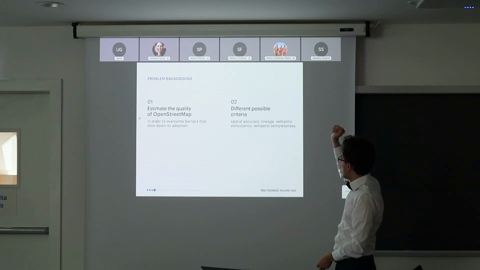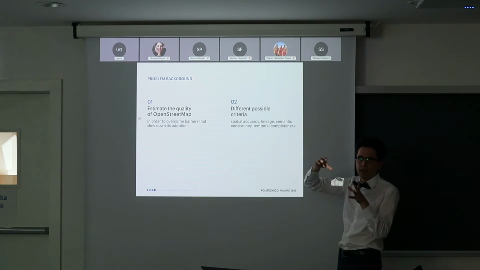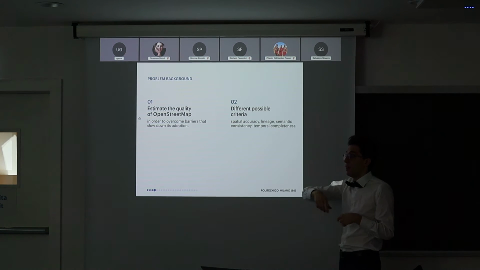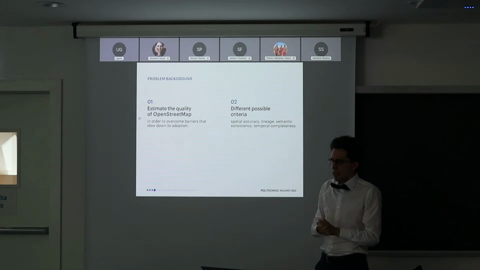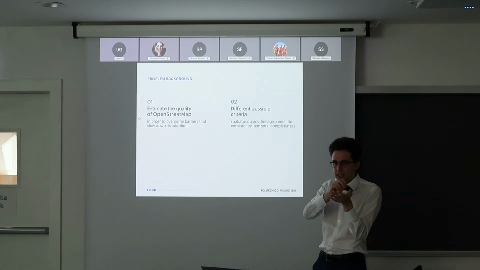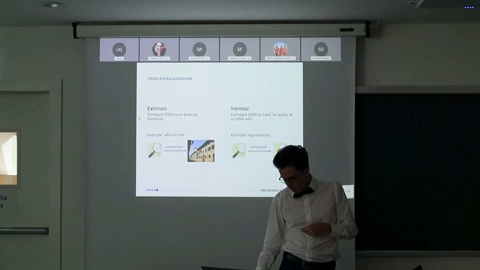Or semantic consistency, like proper tagging, and temporal completeness. That means the evolution of, for example, a shop, maybe it changes name over time. Then do we have this kind of evolution represented correctly and in an accurate manner in the database itself?